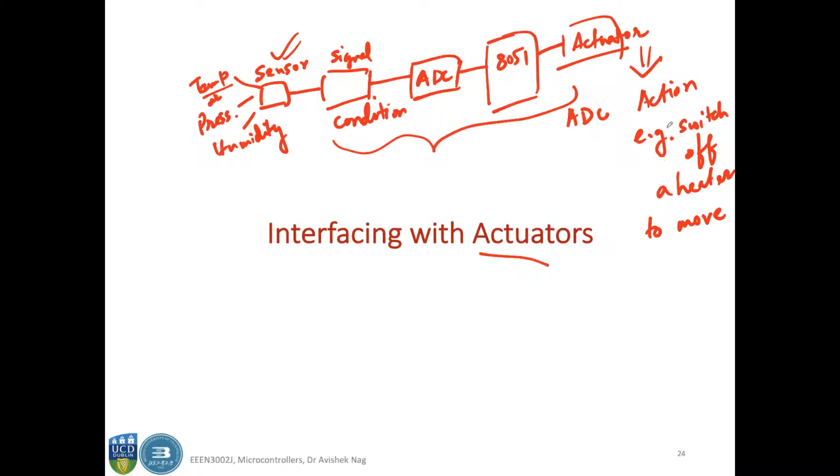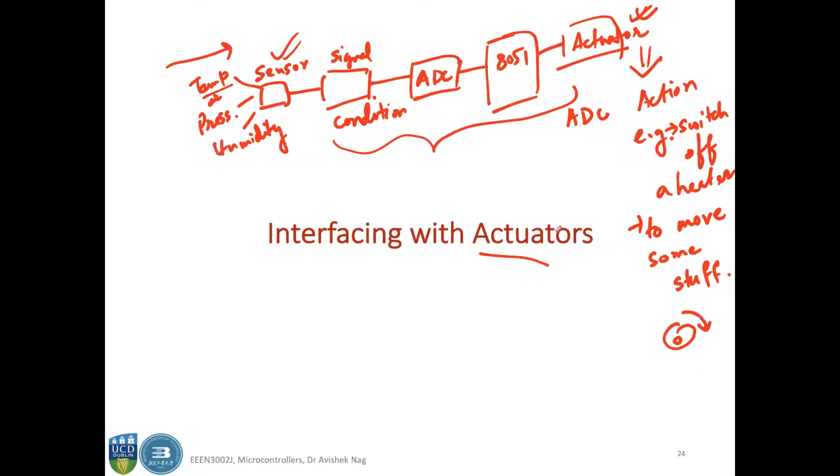So this is one example. Another example can be to move some stuff. There can be many examples of actuation. A robotic arm can move something. So based on the inputs from this side, the actuator can be a robotic arm, it can be a switch, it can be a motor. Let's say the motor will turn or rotate a robotic arm.